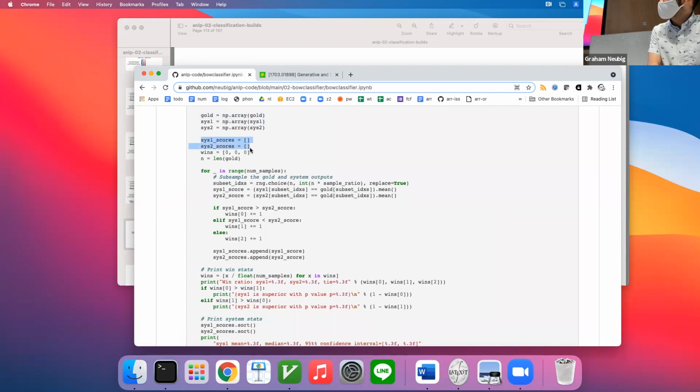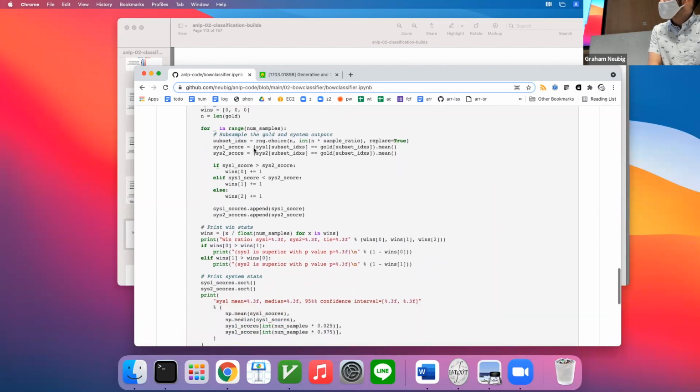You get system 1 scores, system 2 scores, and for each of the samples, you sample a subset of the indexes, and when you get the subset of the indexes, you can calculate, here we're just calculating accuracy, we're calculating the average number of things correct. So this part could be replaced by any evaluation metric that you would like. It could be replaced by F measure or a recall or something like this.